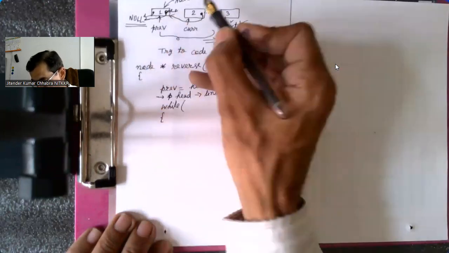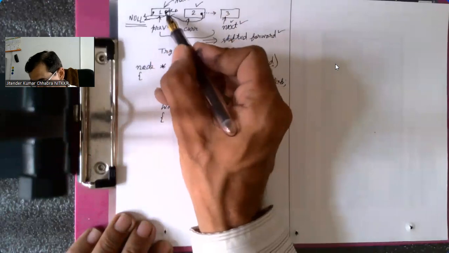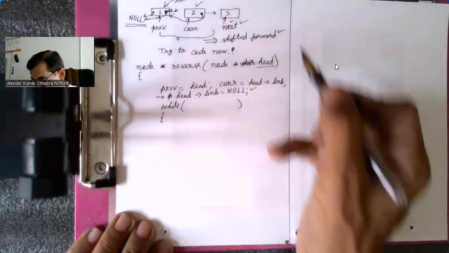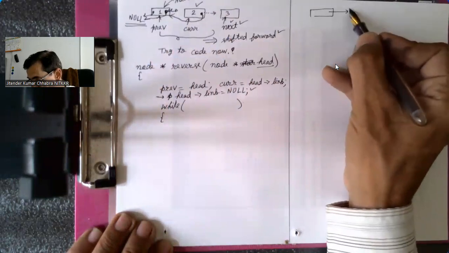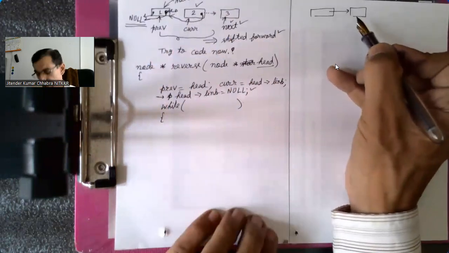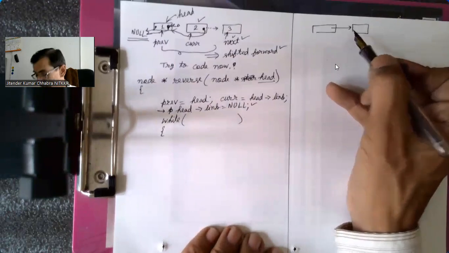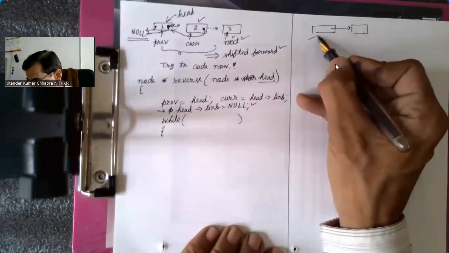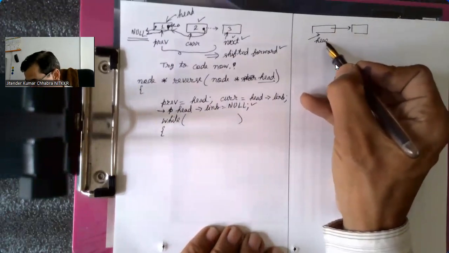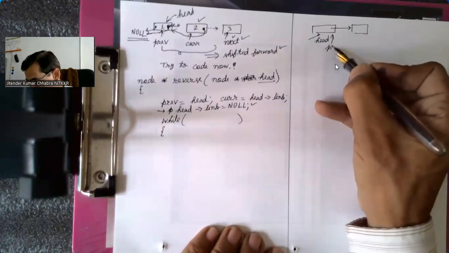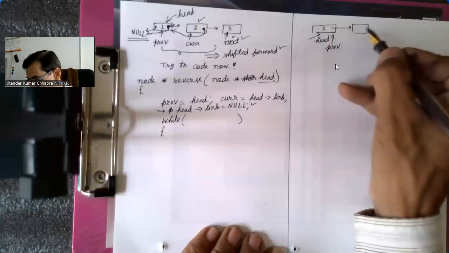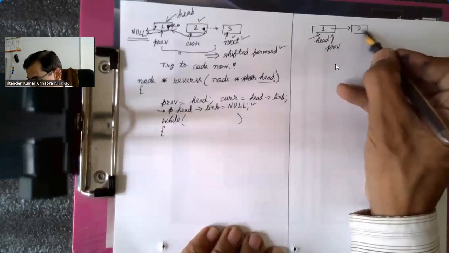But not a problem, because the current pointer is already stored. So if you have changed your link, earlier this link was 1 to 2. Let me show it this way. Earlier you have head here, and you have your previous also here. This is 1, this is 2.